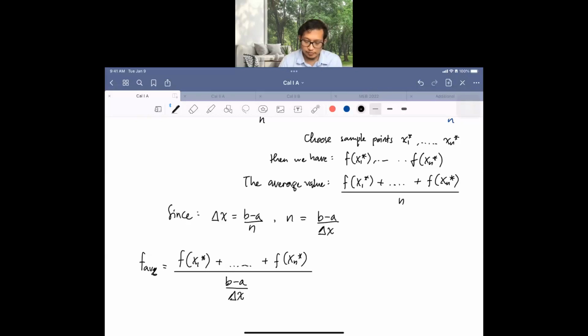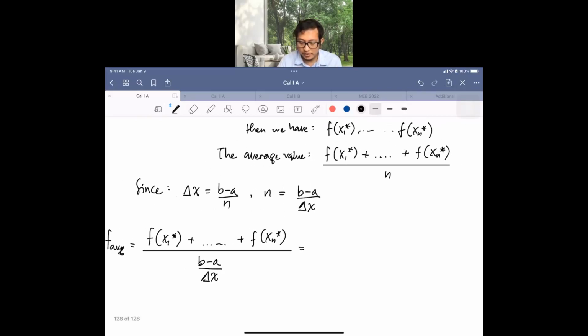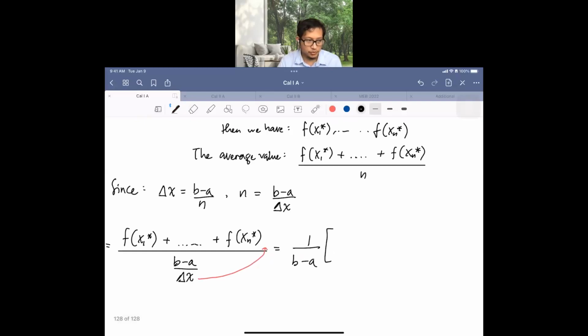Let's rewrite this into a neater formulation: 1 over b minus a, and I will put the delta x behind, multiplied with f(x1) plus and so on until f(xn), times delta x.